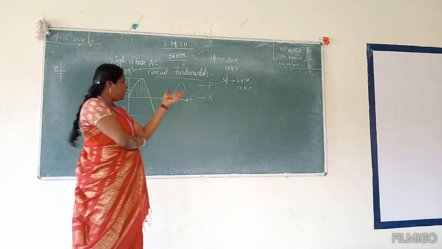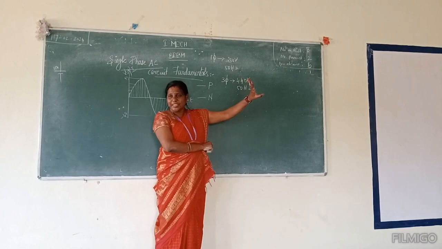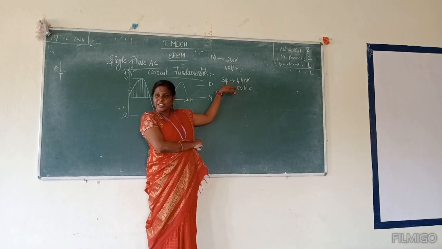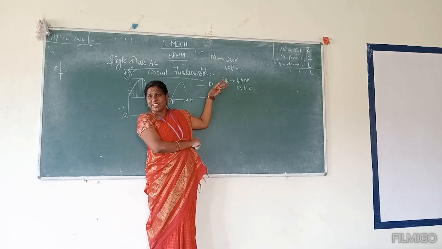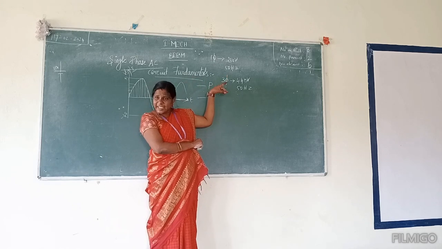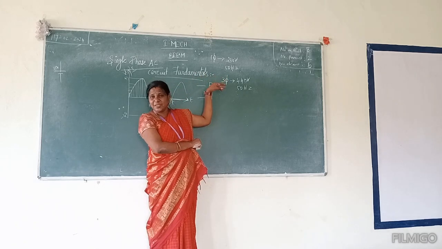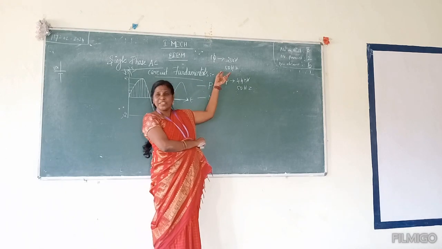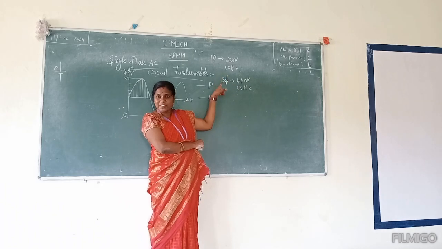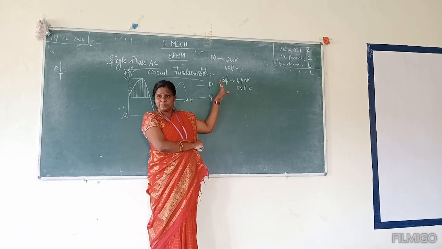For industrial applications, single phase is not enough, because industry has many fans, many lights, heaters and ACs. For all those things, single phase is not enough, so they take three phase and distribute the load.